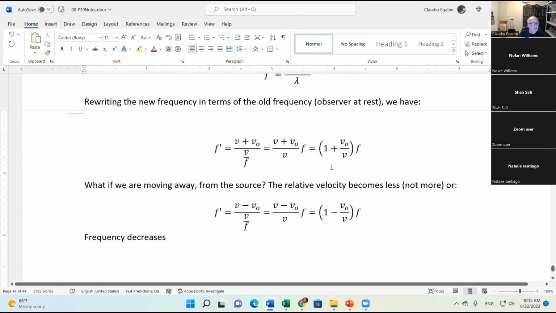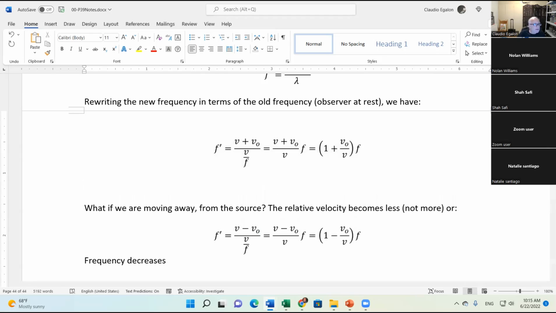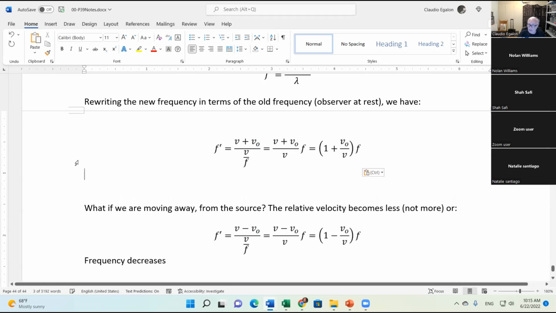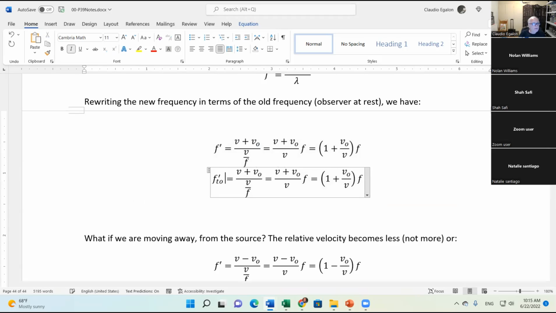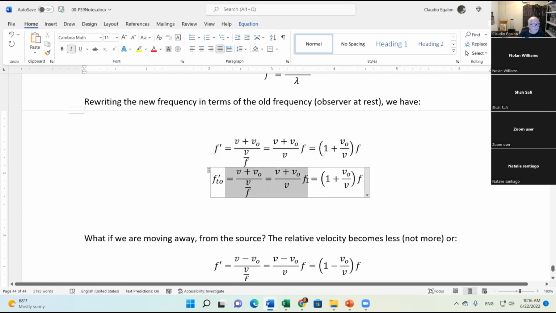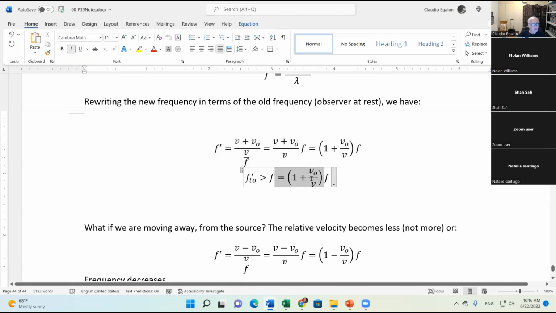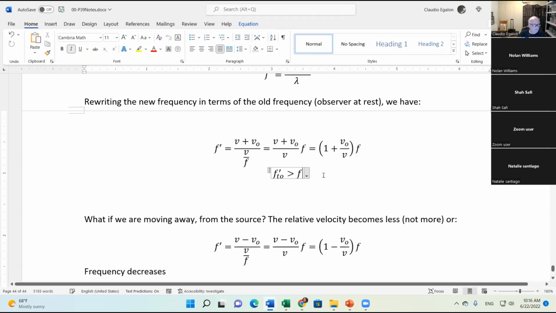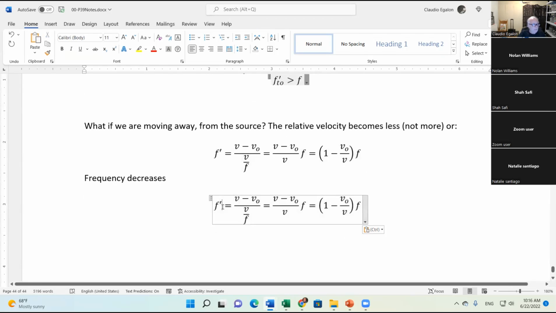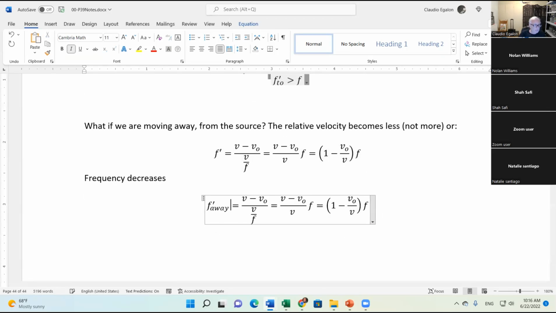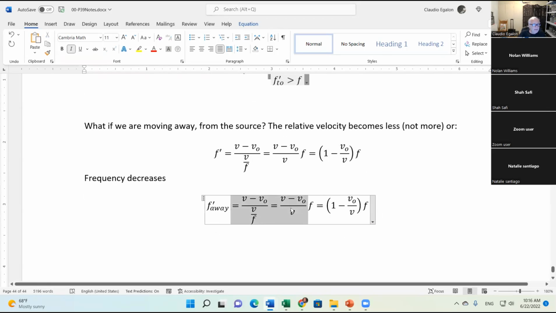So I like to say something like that. In the first case, moving towards the source, the frequency is greater than the original frequency. Moving away from the source, the frequency is less than the original frequency.